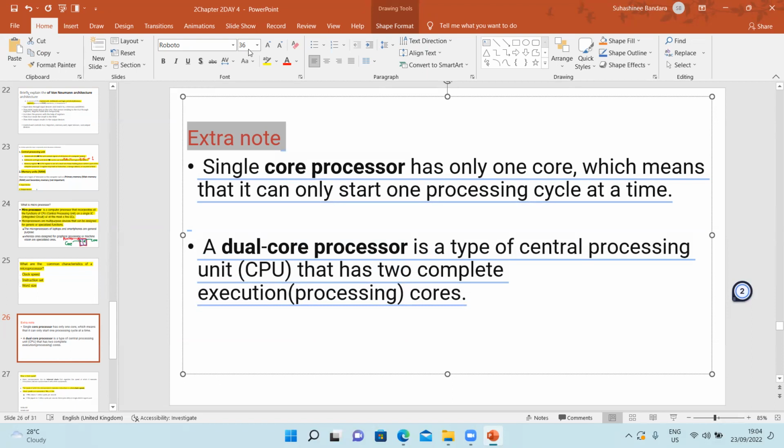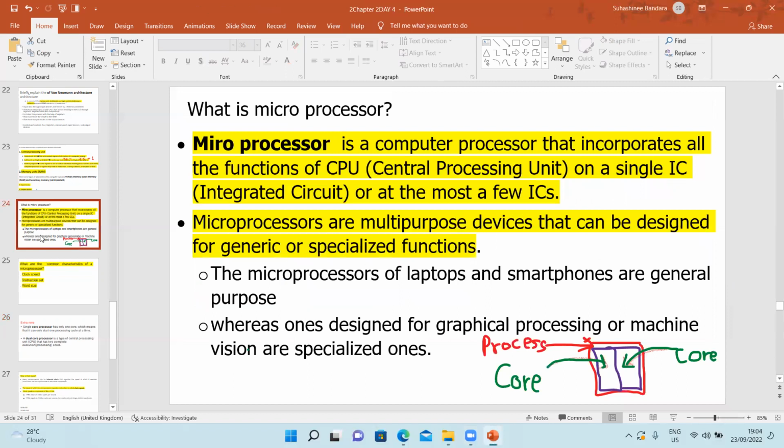There's a question asking whether microprocessor and coprocessor are the same. Microprocessor means the processing unit that we use so far, the technology we are using. It can be a single processor or more, just look at the note.